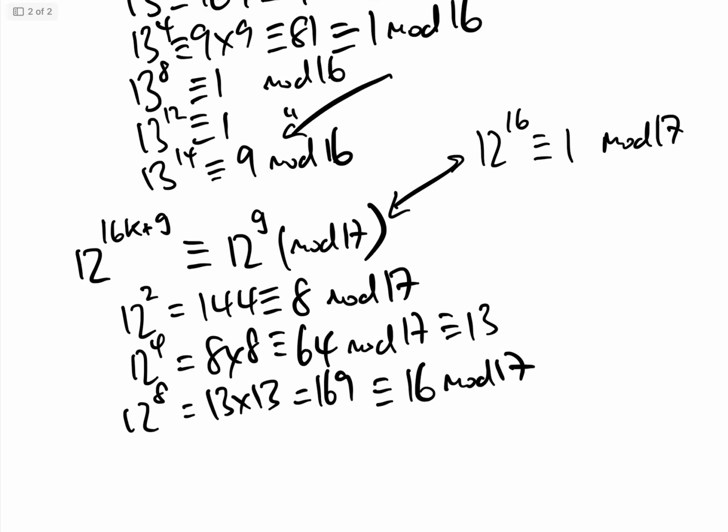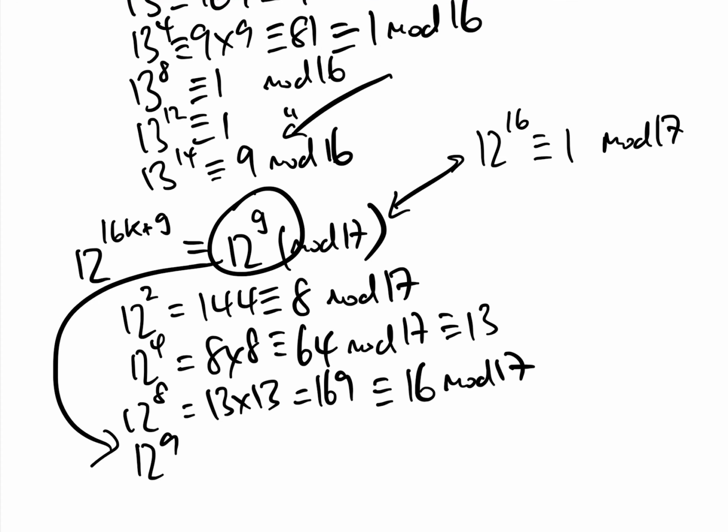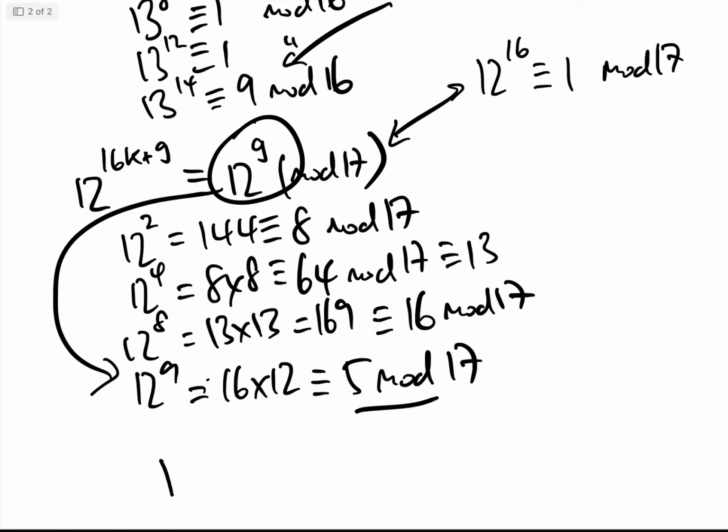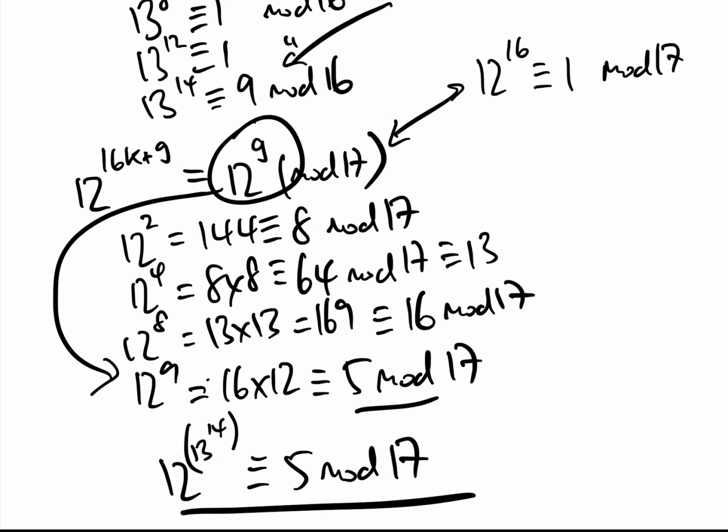And then 12 to the 9, which is actually what we want, is 16 times 12, which is 5 mod 17, and therefore we have our answer. So 12 to the power of 13 to the power of 14 is equal to 5 mod 17.